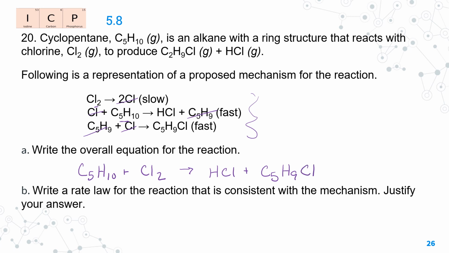It says write the rate law for this reaction that is consistent with the mechanism. So our slow step is right here. So that's going to be where we look to be consistent with the mechanism. And the rate here is equal to k, the concentration of chlorine.